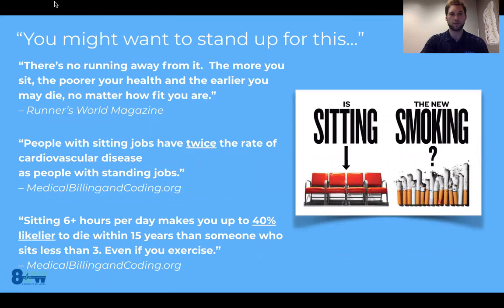So there's no running away from it. The more you sit, the poorer your health and the earlier you may die, no matter how fit you are. Basically, sitting is the new smoking. We sit so much and we got so used to sitting that it's normal in our everyday lives, right?